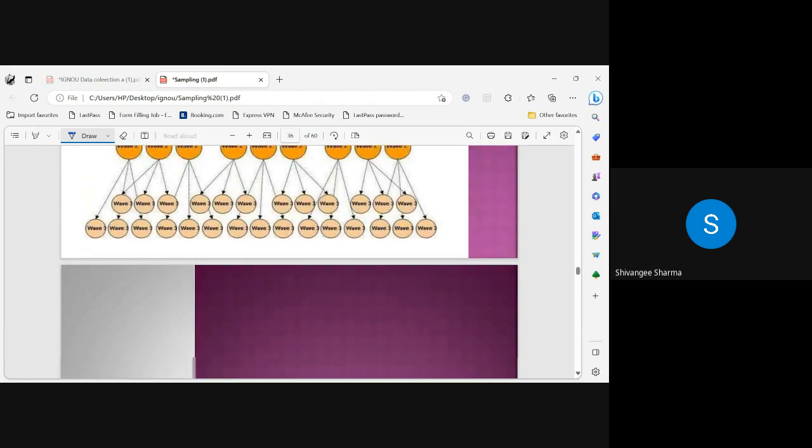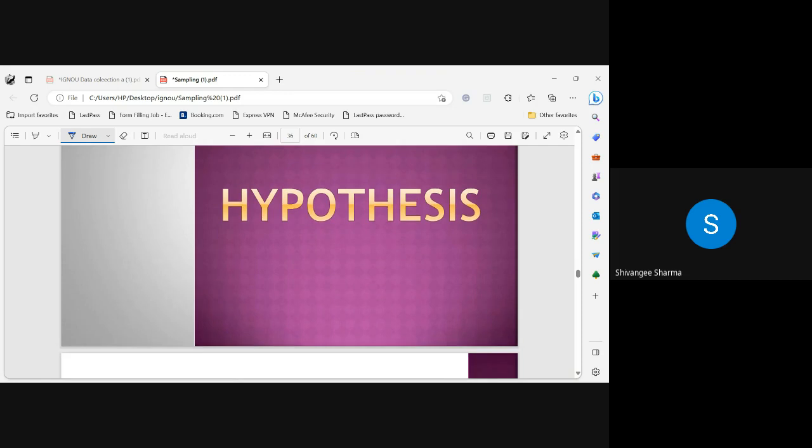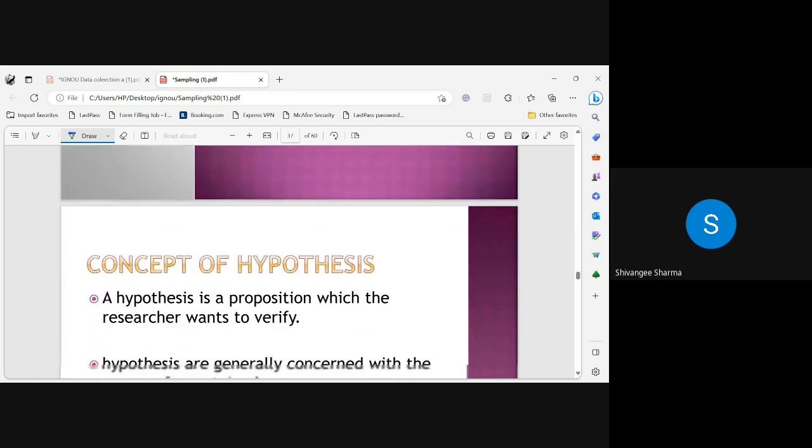The next and the most important thing is hypothesis: how to write a hypothesis, or what the hypothesis should be, an accurate representation of the problem which you are going to study in your research, how these hypotheses are tested, what are the different tests available on the basis of the nature of data, what test you can apply to test your hypothesis.